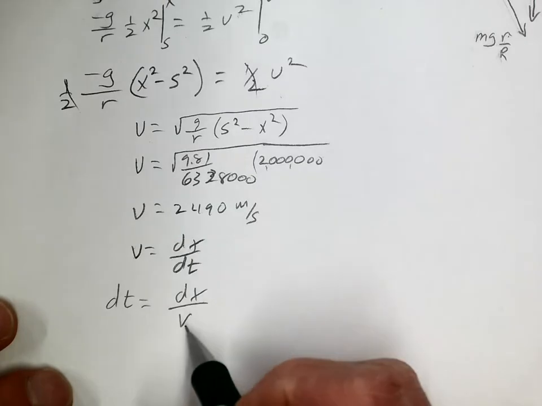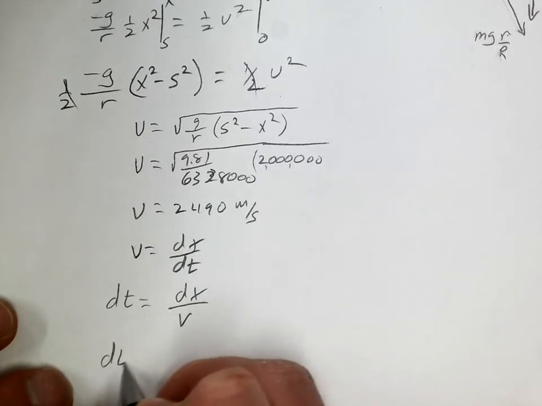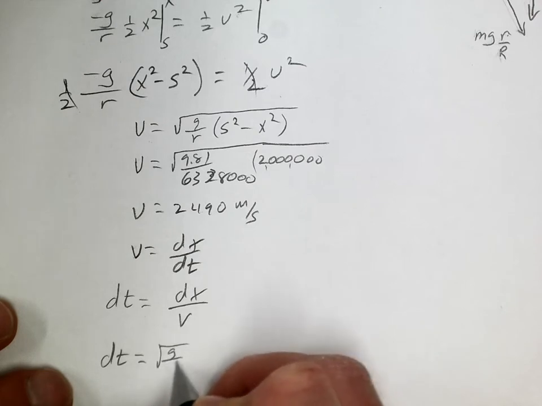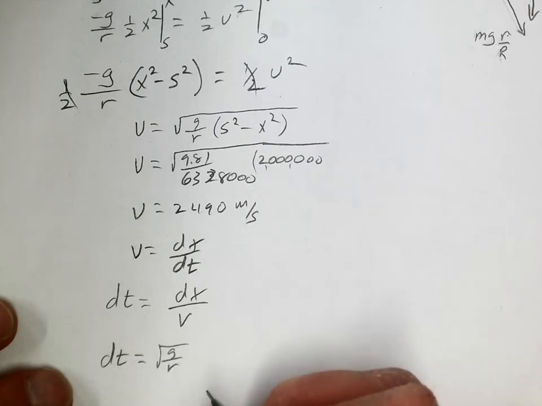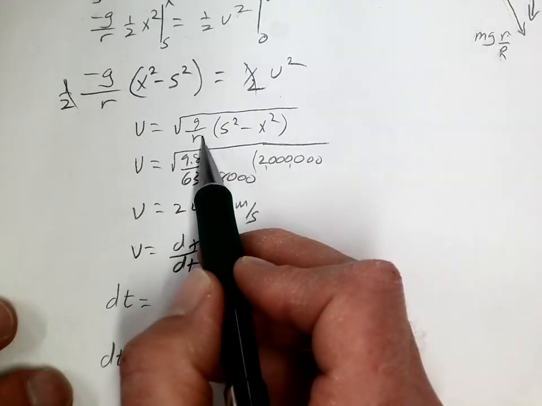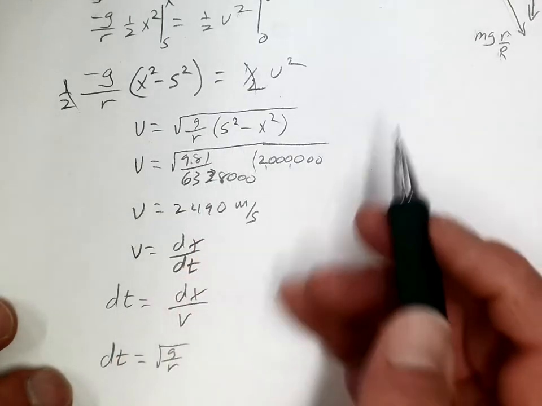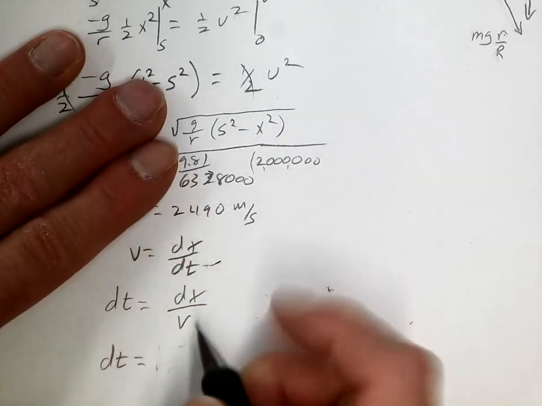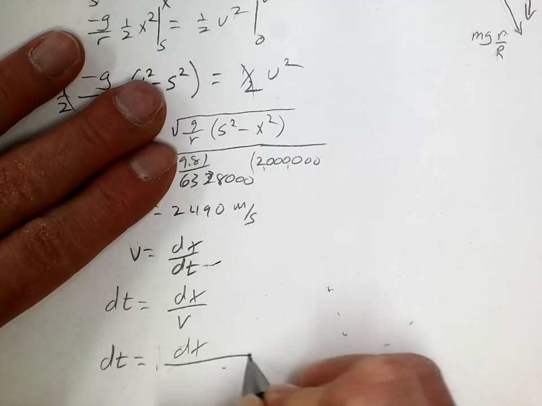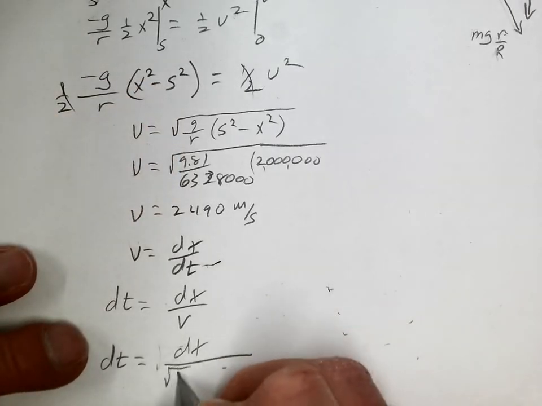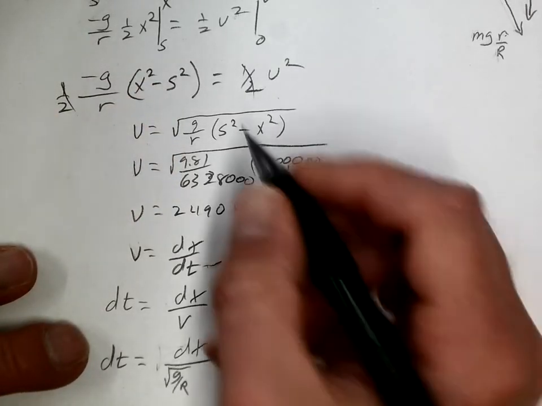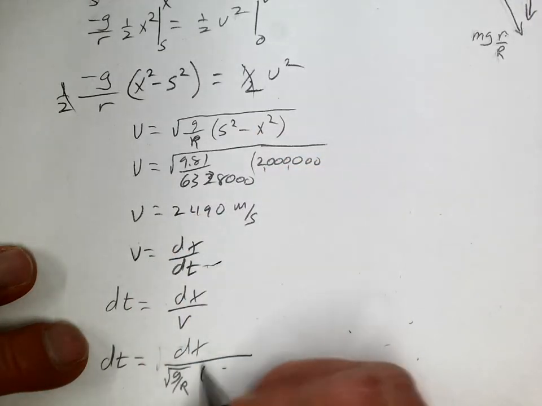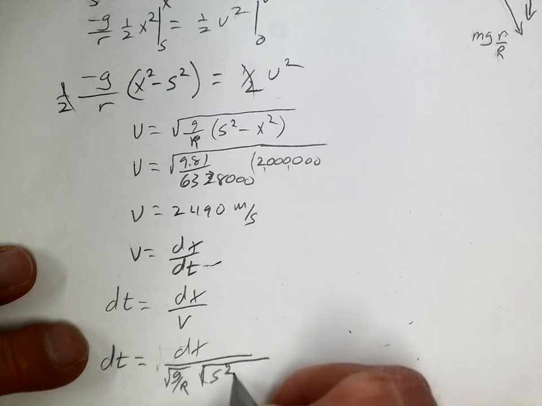Putting v into there, we now have dt is equal to, I'm going to put the square root of g over R outside because those are constants. So let's put that in the bottom. dx over square root of g over R times the square root of s squared minus x squared.